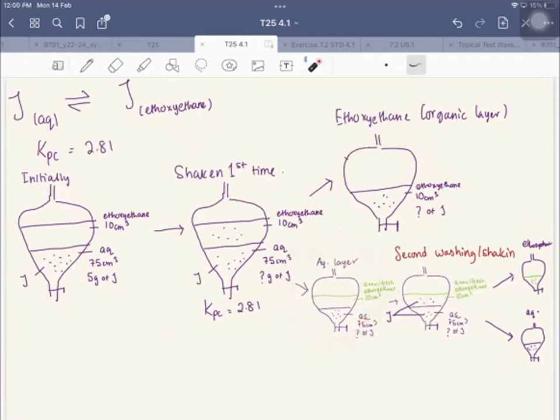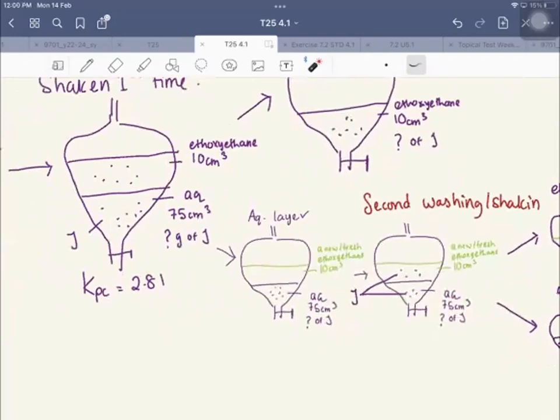This is now the second bullet point. The aqueous layer is shaken with a new 10 centimeter cube of ethoxyethane. These two are not related, because the purple ethoxyethane contains some solute of J. This one, initially, has no solute of J at all.